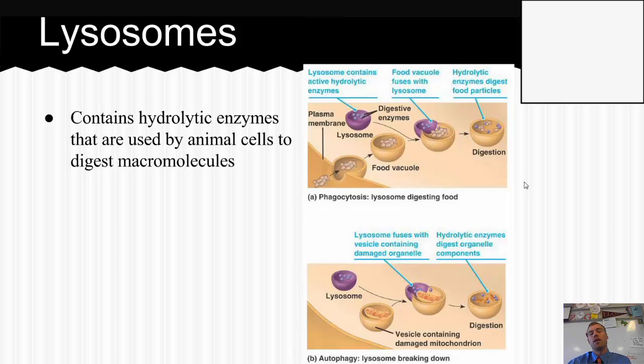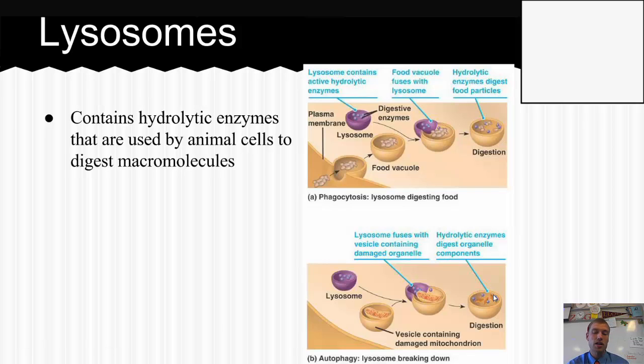A lot of times what happens is that food is brought into the cell through this process of phagocytosis, where the cell membrane pinches and brings the food in. A lysosome will then come and merge with that vesicle or food vacuole, and then release enzymes inside, which are going to be breaking down the food particles.